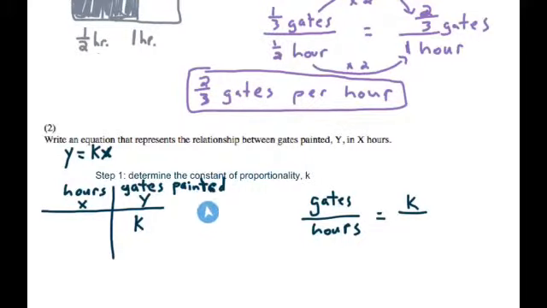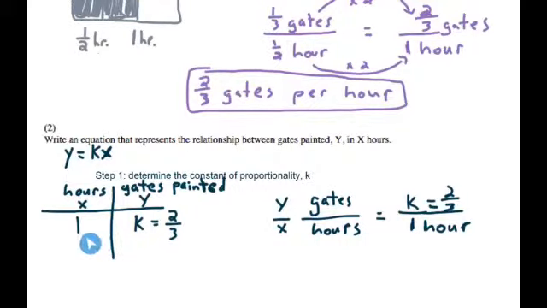Two places we can look for K is in a table and think about what X value always travels along with K. We can also search for K in a rate: Y divided by X, gates per hour. What is the denominator? What denominator always travels with K? So K's traveling companion is always 1.